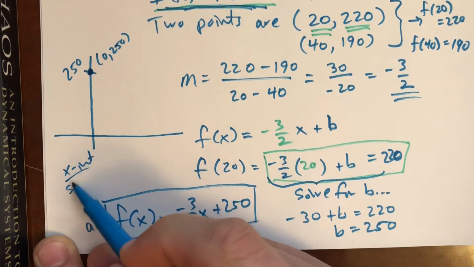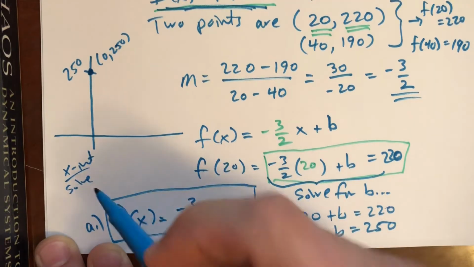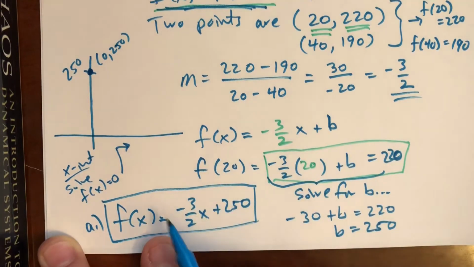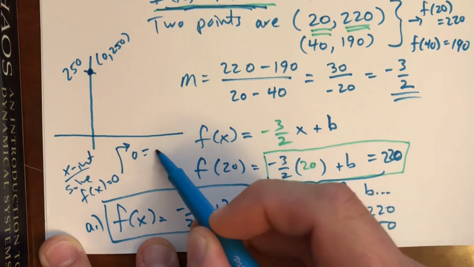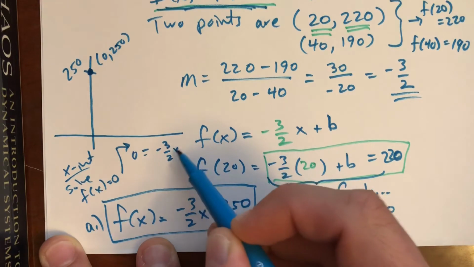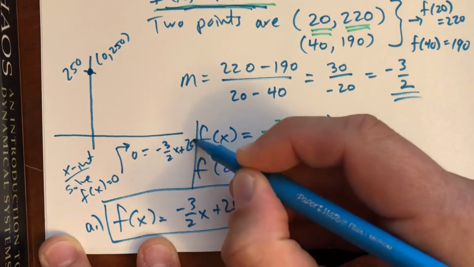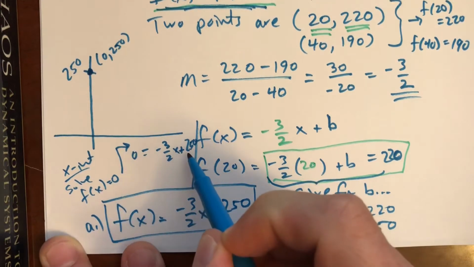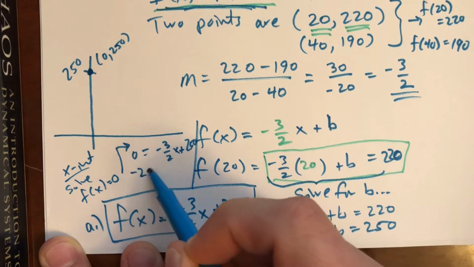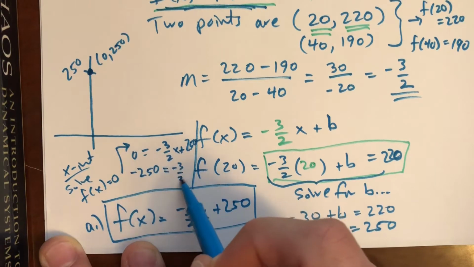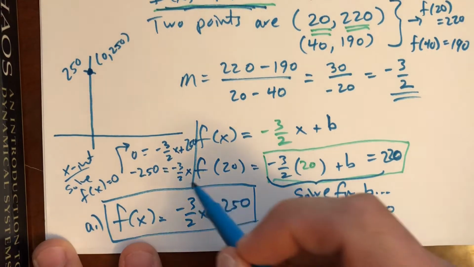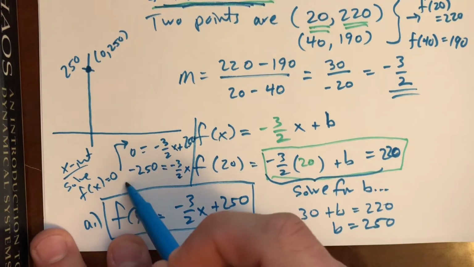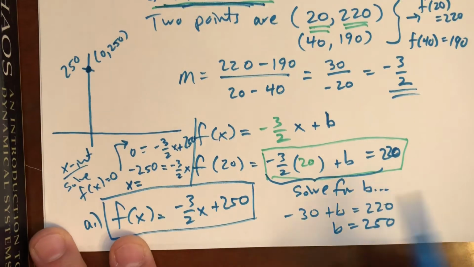For the X-intercept, we're going to solve f of x equals 0. We can maybe do that right here. So if I've got 0 equal f of x, yikes, that's pretty tiny, but we'll finish this up real quick. If I subtract 250, okay, now I'm regretting making this so small, but we can get over it.